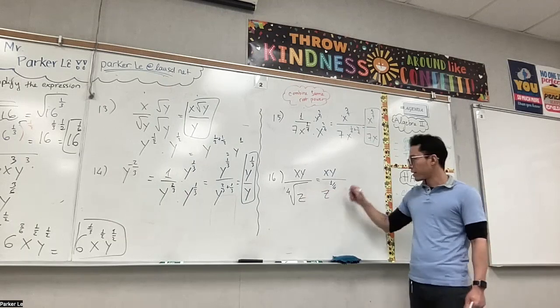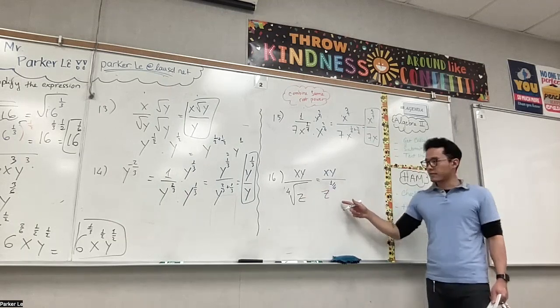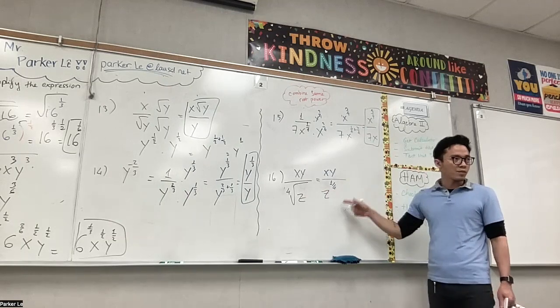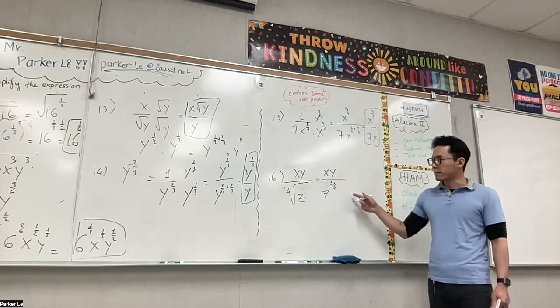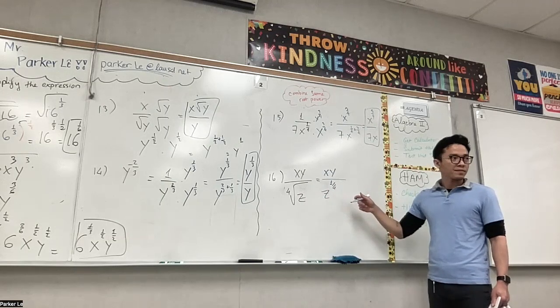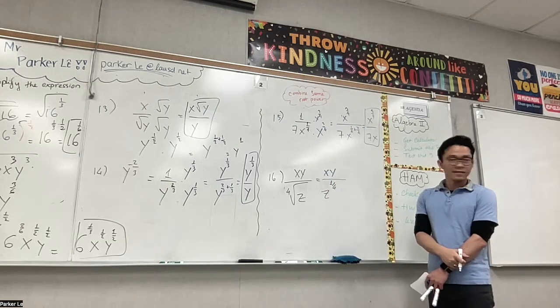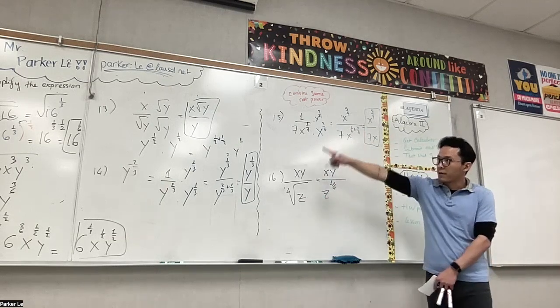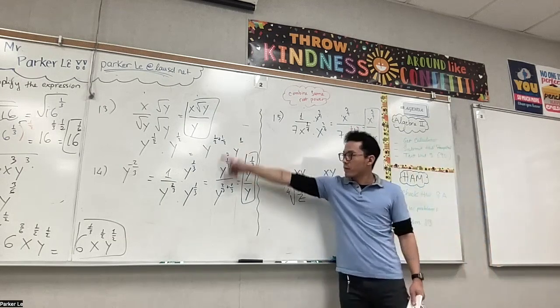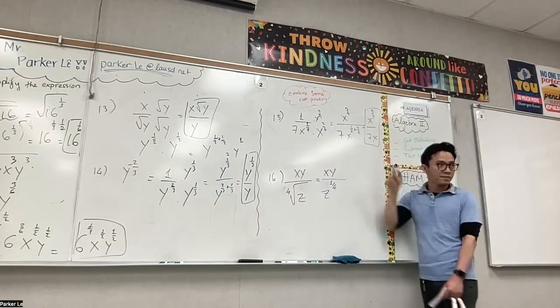1/4. What do you multiply to get rid of the 4 root? What do you multiply to get rid of the fraction? What is the strategy we have been doing right here?